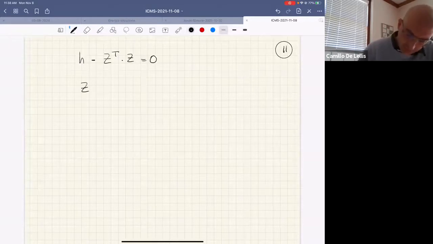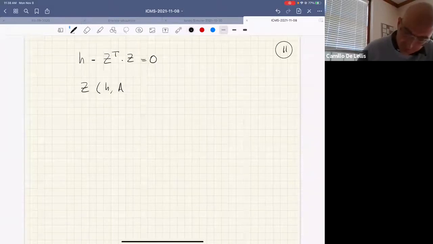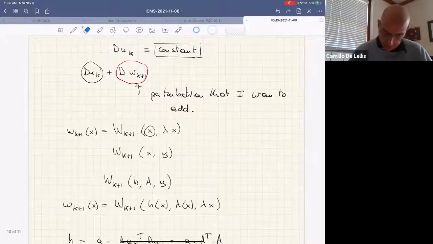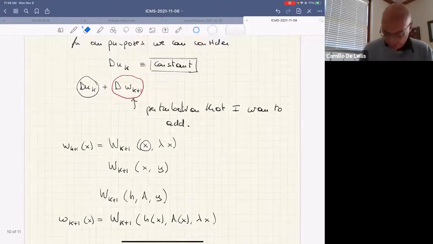So now what I want is z, which is depending on h, which is depending on a. Right. Okay, so let me write it in the following way. I don't want it dependent on h, I want it dependent on g, I guess. No, it's fine actually, so it's not going to depend on h.